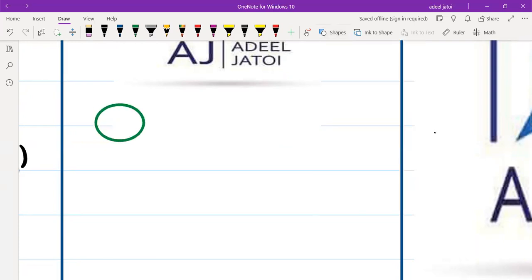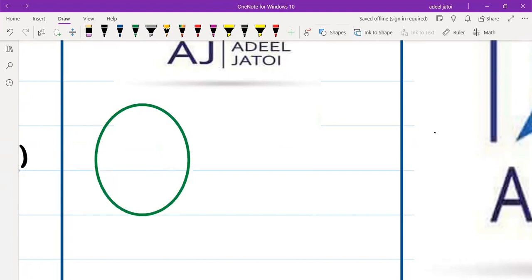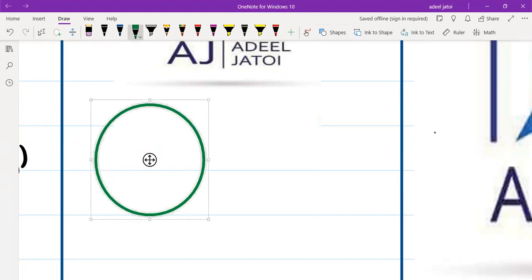Let's work it out. We have a circle, and in that particular circle we have 2 ends, right? Those 2 ends will be known as A (2, 4) and let's say this is B (6, 12).